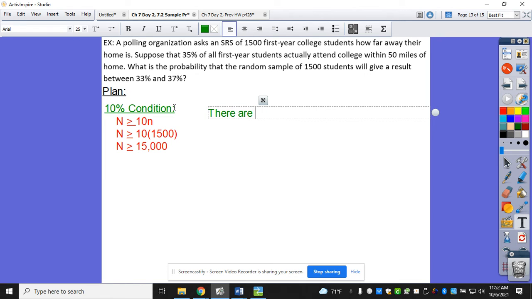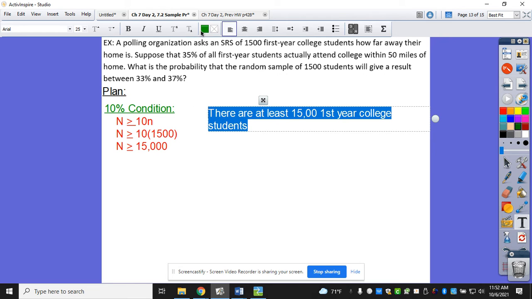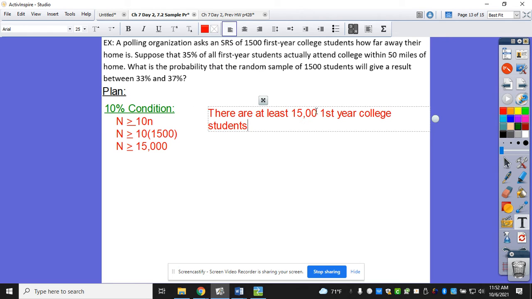So there are at least, is that something that any of you should question? Should being more than 15,400 adults be something you should question?